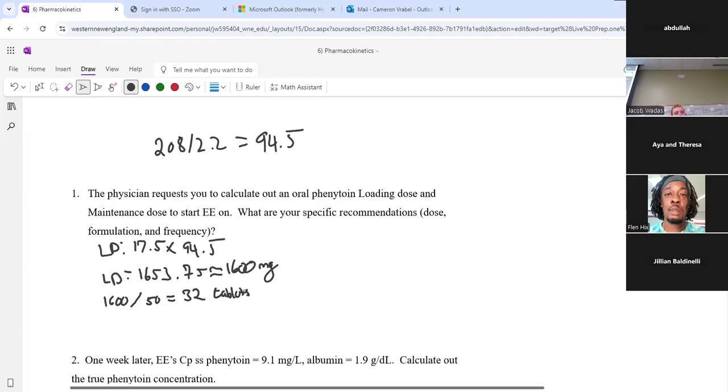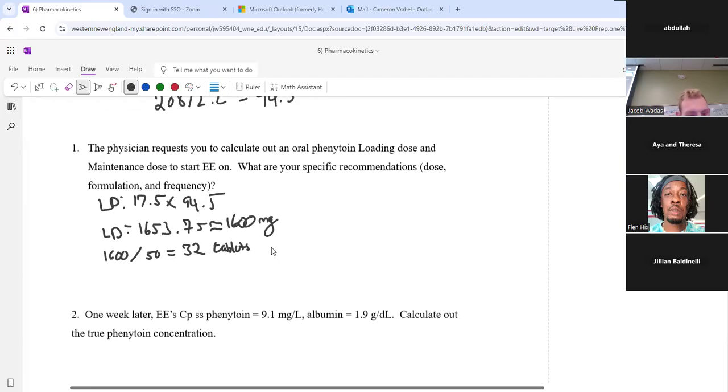When dosing phenytoin, you have to remember that the most you can give during a loading dose at one time is 400 milligrams, and then you have to repeat the dose every 2 to 4 hours until you reach your target dose. So 1600 divided by 4 is 400, so we can do 4 different doses of the IR tablets.